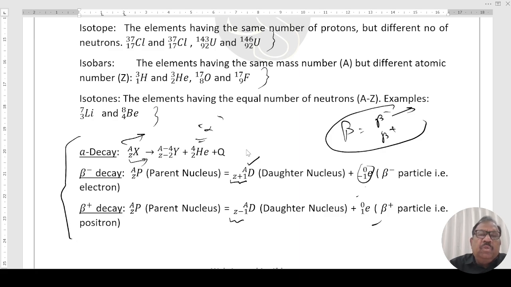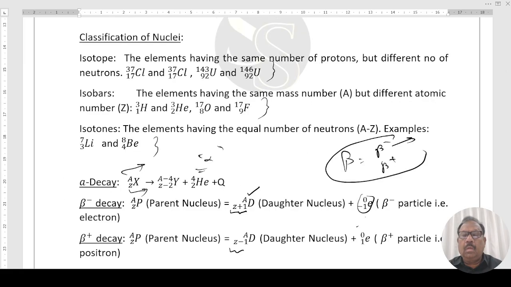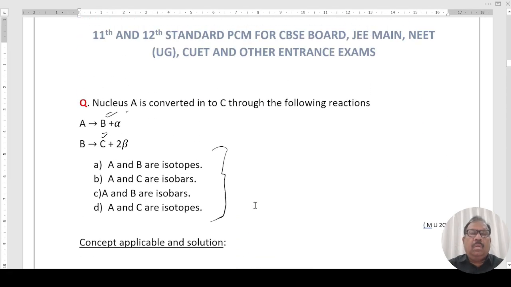Now we will use these concepts to find the answer. Let's start the question. A to B: A with Z gives B with Z minus 2, A minus 4, plus helium.